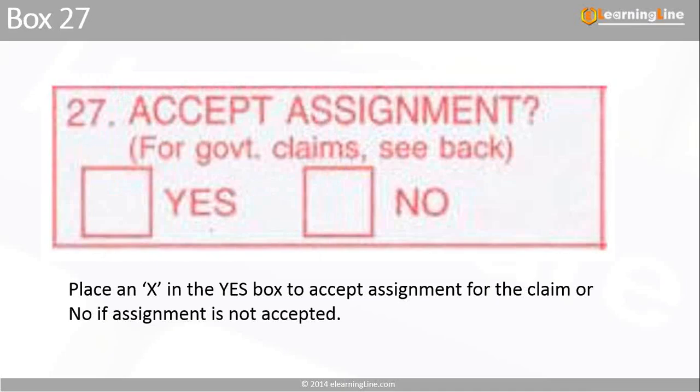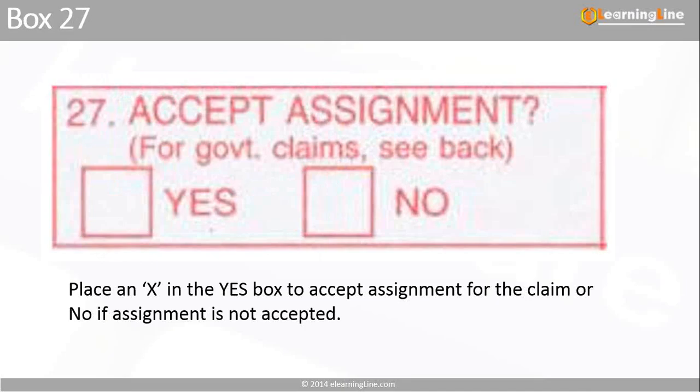When we say accept assignment, that means in this type of claim, if the claim is related to accept assignment and this is marked as check, the physician cannot balance bill the member for a single penny. The reason being, accept assignment is a very good term, which if you know and are able to answer the question, that's very good.